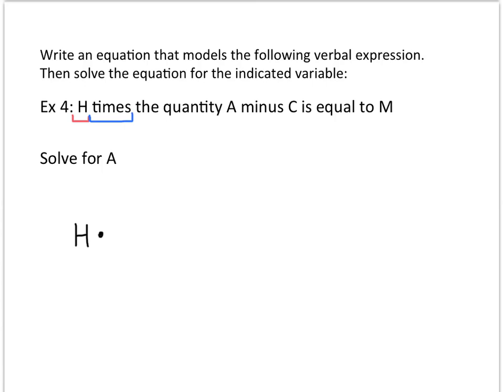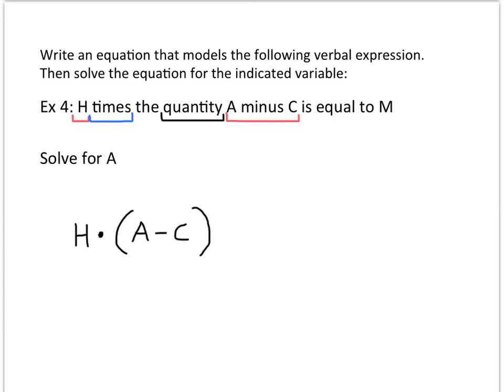What is it being multiplied by? Here's that keyword, the quantity. So quantity immediately implies that h is being multiplied by more than one thing that are being grouped inside parentheses. What's going inside those parentheses? Well, apparently it's the quantity a minus c. So I'm going to have a minus c inside these parentheses.